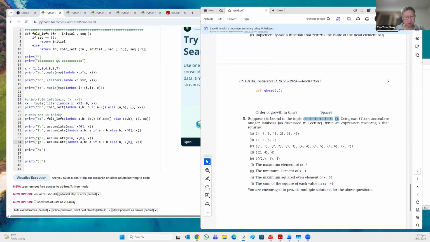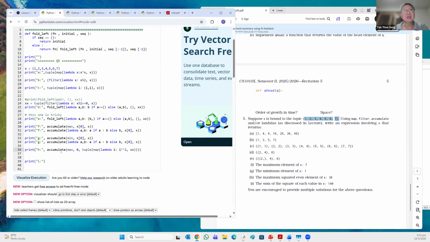So let's see this one. H is this. I do accumulate also. My x-axis is already filtered. My x-axis is those even numbers. Those even numbers, I calculate their square. Then I calculate the square of all the even numbers. And because it's a system map, I make it into a tuple.